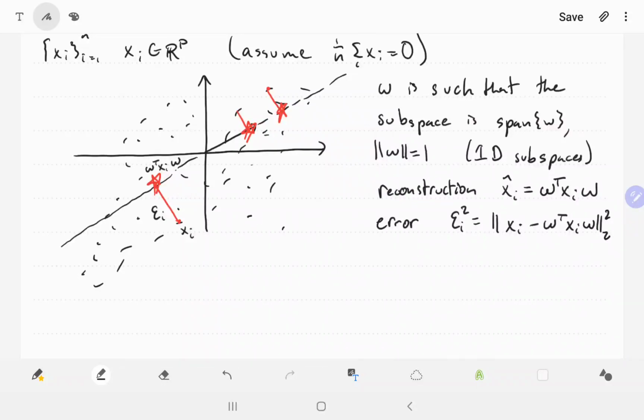Okay, so now that we have these things defined, we can think about minimizing our error. Because w transpose xi w is a projection, we get a few things.